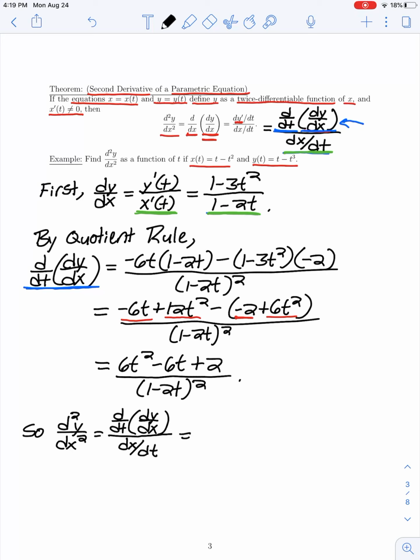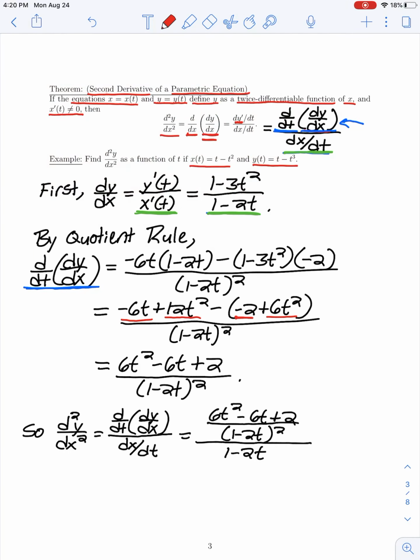So our numerator is the value that we found, 6t squared minus 6t plus 2 all over (1 minus 2t) squared. So that was what we just found using the quotient rule. And then we're supposed to divide that entire expression by the derivative of x, which in our earlier work we already found was 1 minus 2t.